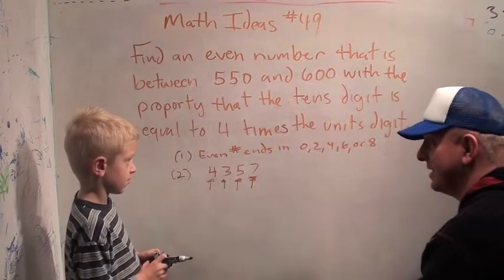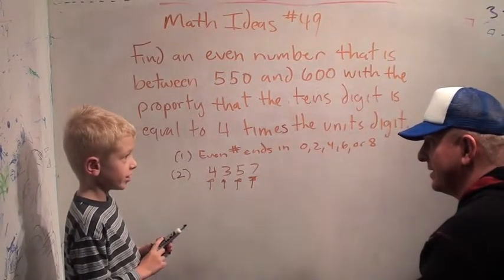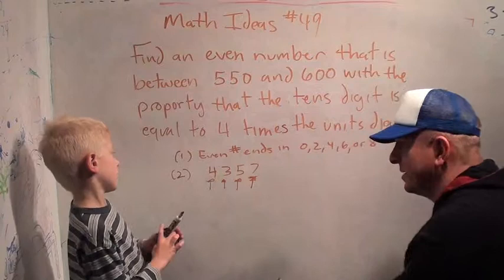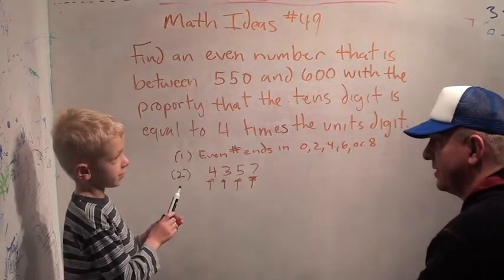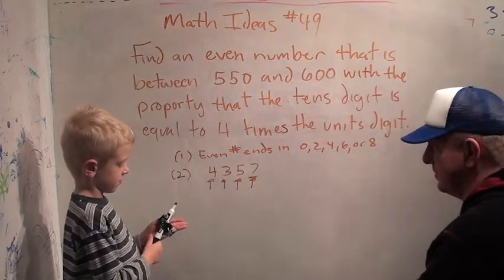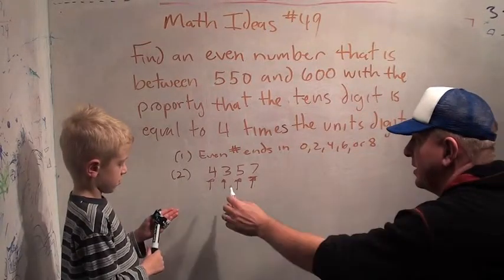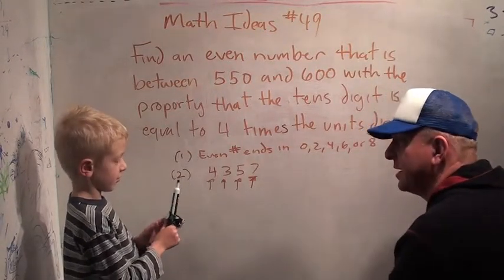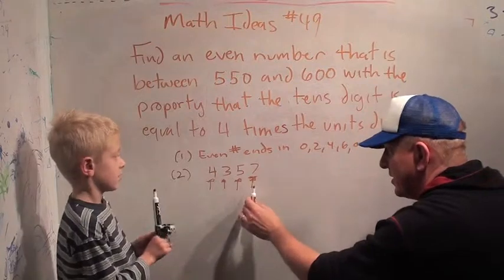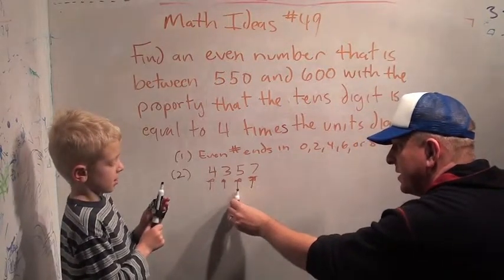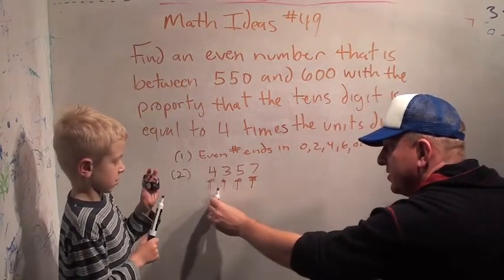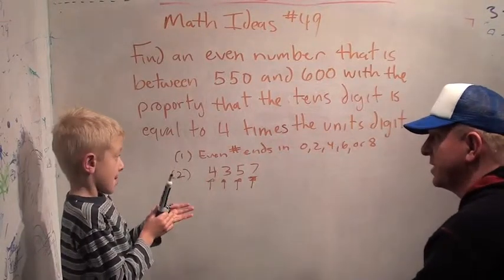And what do you think this digit is called? Any guesses? Well, what does this 4 mean? It means 4,000. Oh yeah, so it's the thousands digit. Right, so this is the units digit, the tens digit, the hundreds digit, the thousands digit.